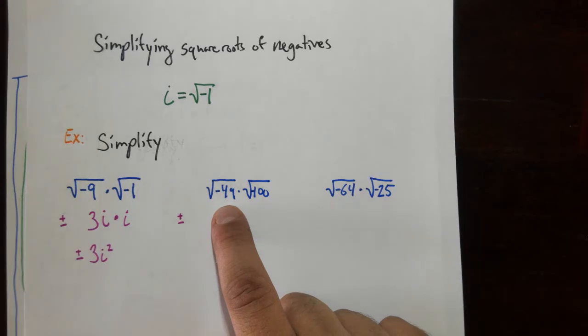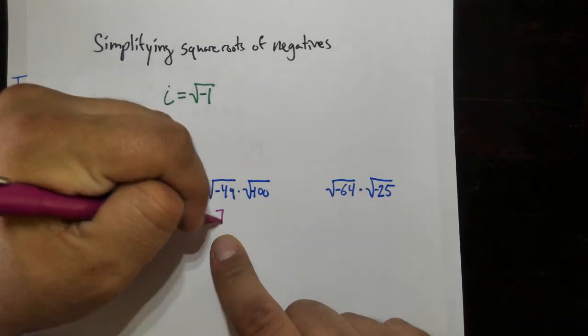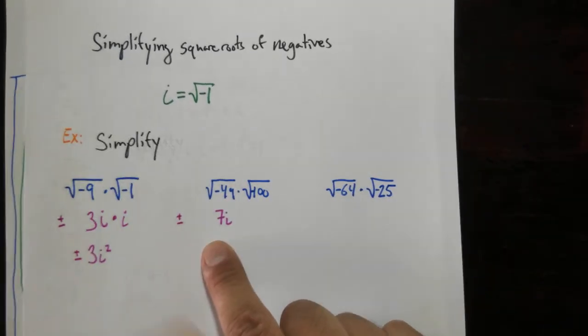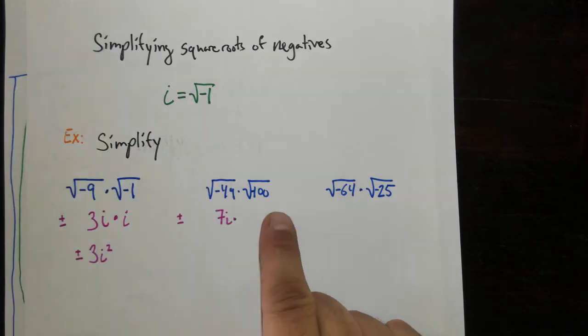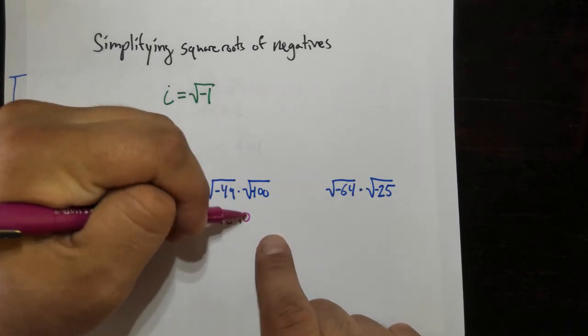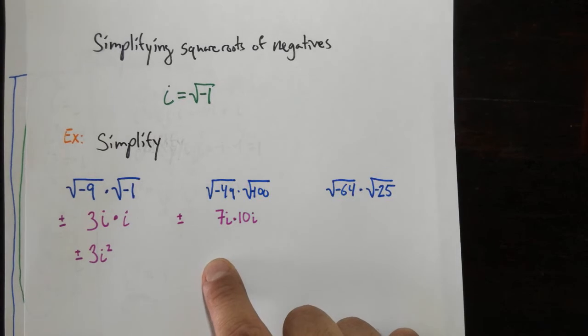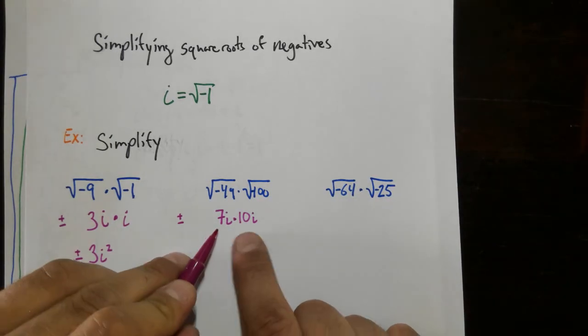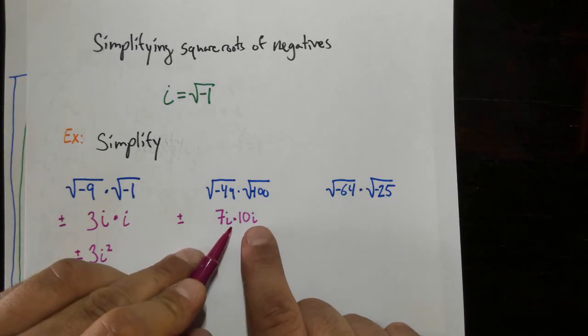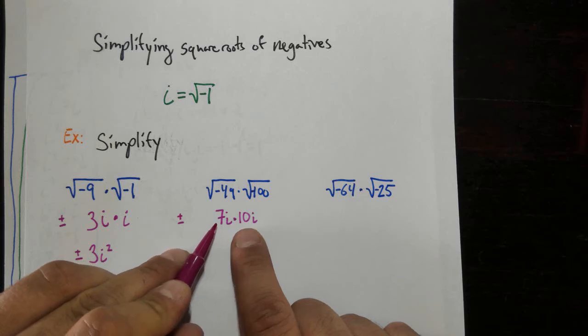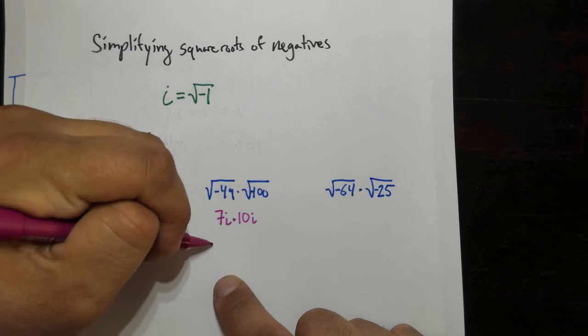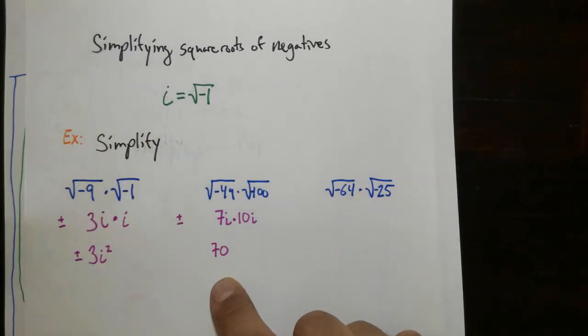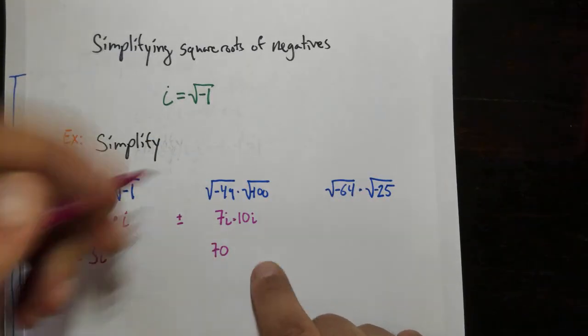The square root of -49 is going to be 7i times the square root of -100, which is 10i. Well, let's multiply the numbers together and then multiply the i's together. So 7 times 10 is 70. i times i is i squared.